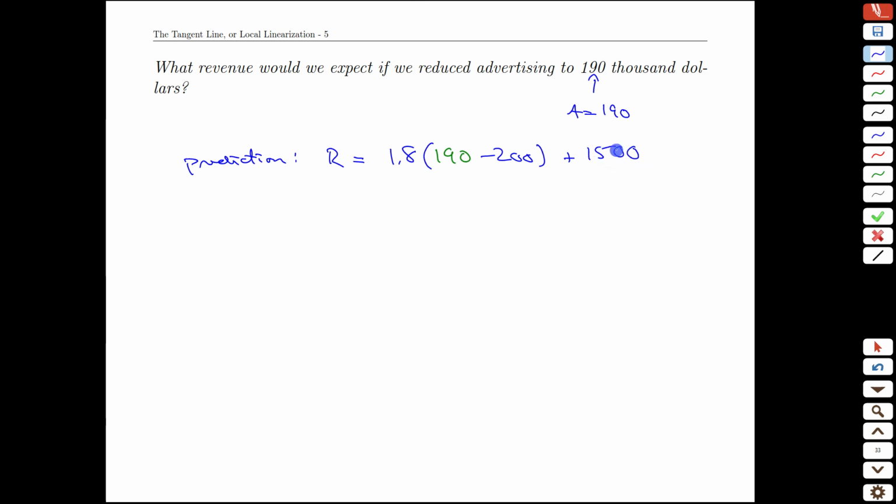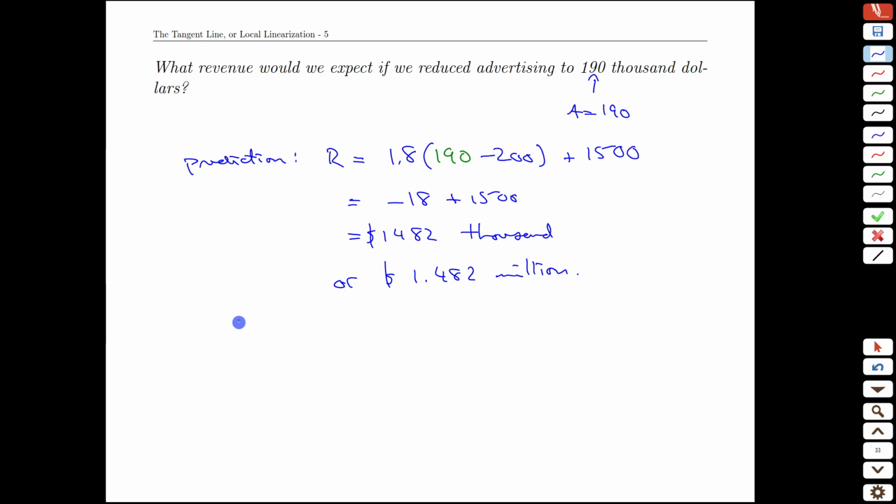That gave us revenue of 1,500,000. We calculate this through, we're going to get negative 18 plus 1,500, and that's going to give us $1,482,000, or 1.482 million.